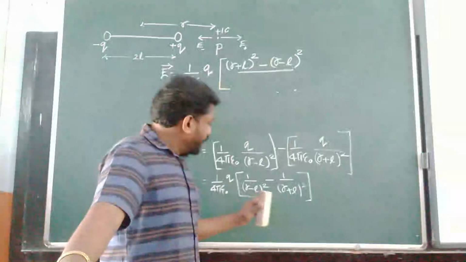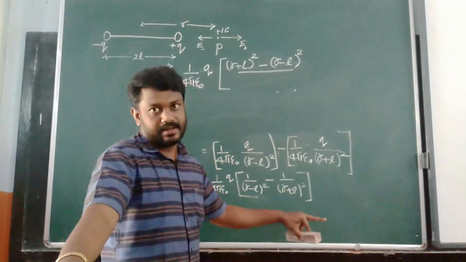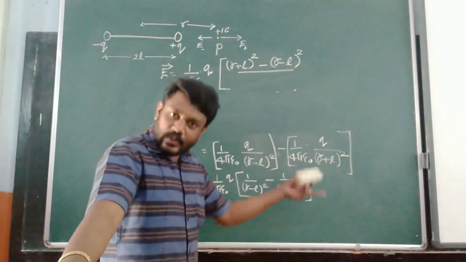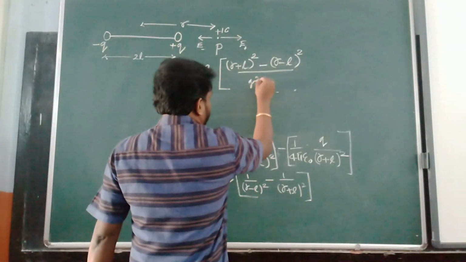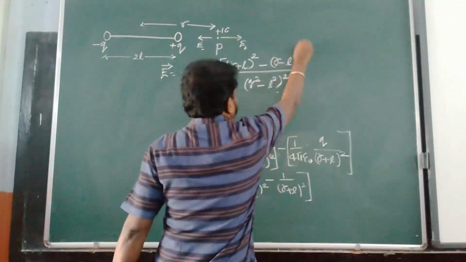You already know a plus b into a minus b is a square minus b square. So its square will be a square minus b square whole square. So this will become r square minus L square whole square.